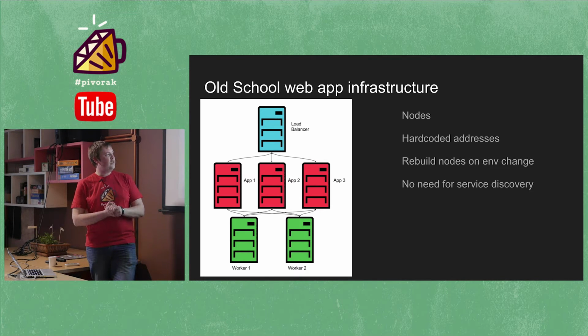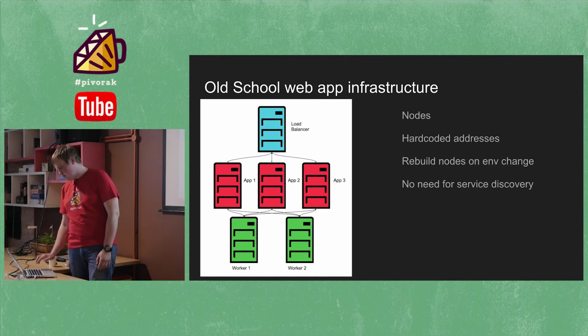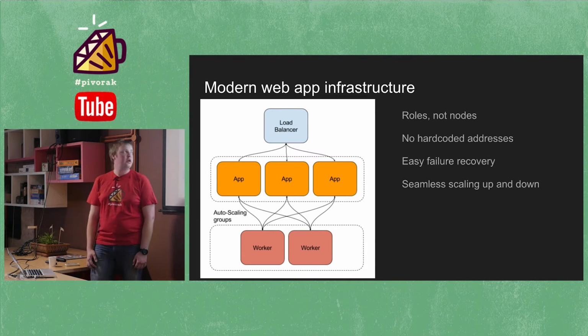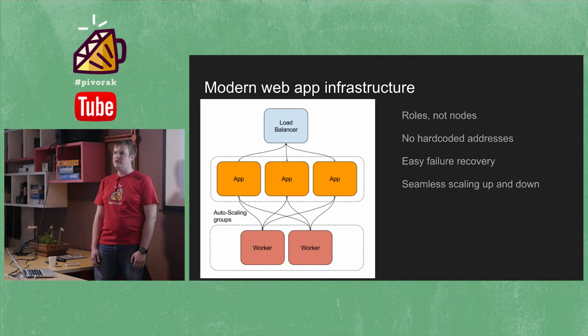So in this hard-coded environment, you don't even need service discovery. It works as is. But someday you face the problem of scaling. Like, for example, you run an e-commerce service and Black Friday comes.